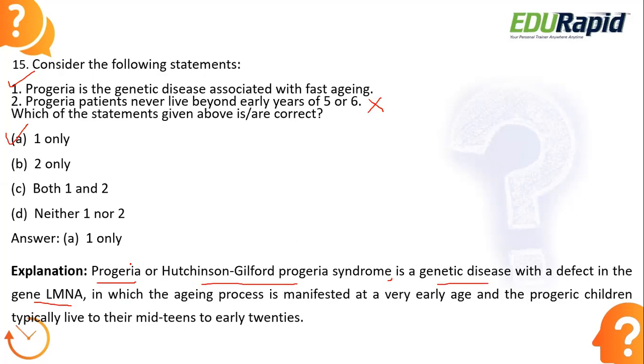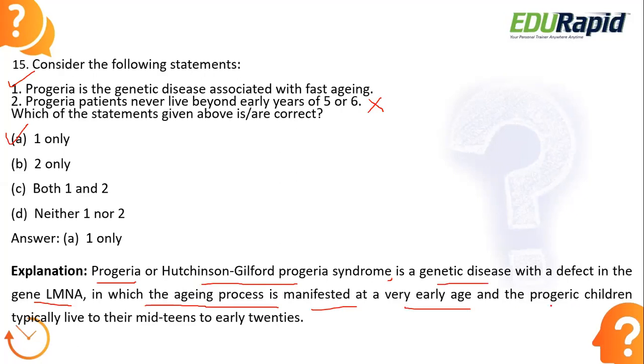What actually happens in this syndrome? The aging process is manifested early. Usually human beings survive approximately 70 to 80 years, right? But a person suffering from progeria has an altered aging process and will die at a very young age.